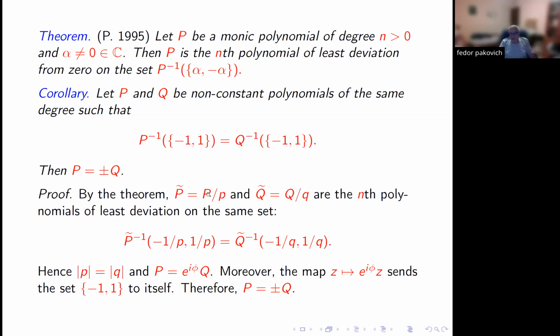And eventually, we can return to our condition, and it implies easily that this map should send the set {-1, 1} to itself.